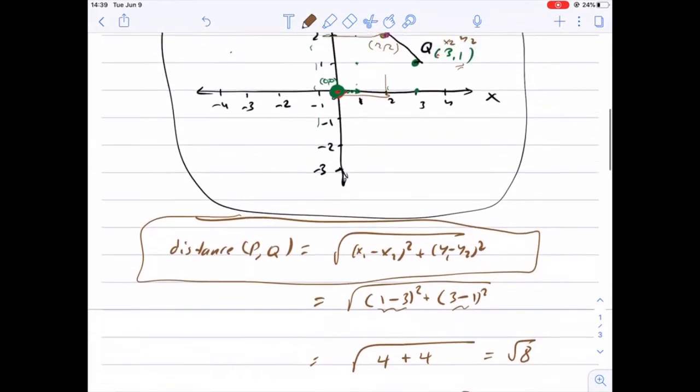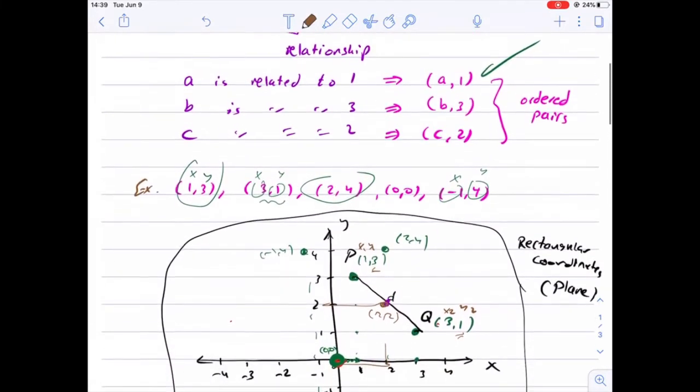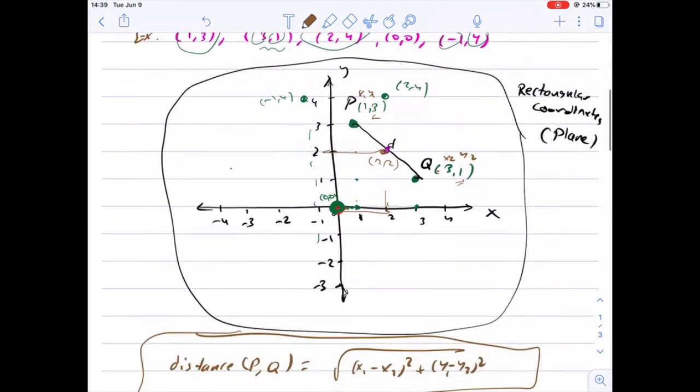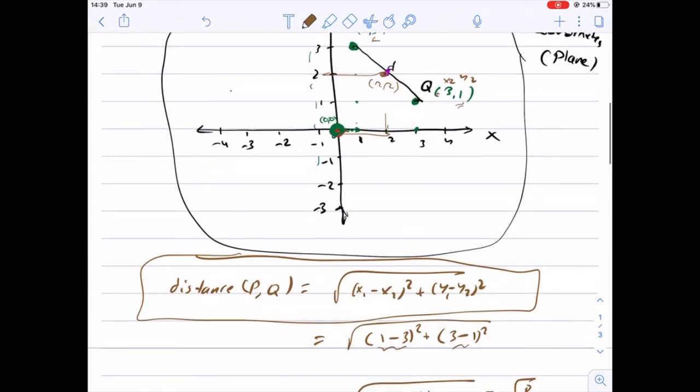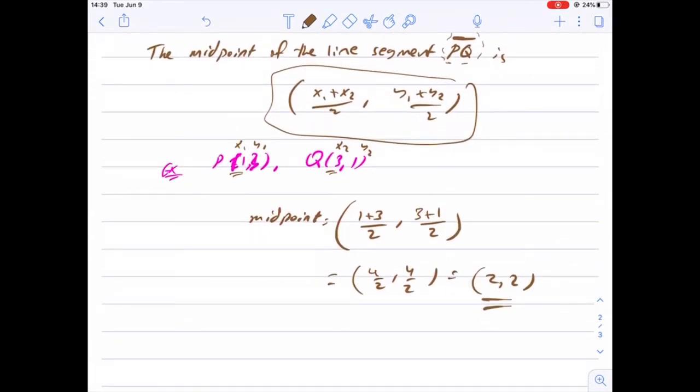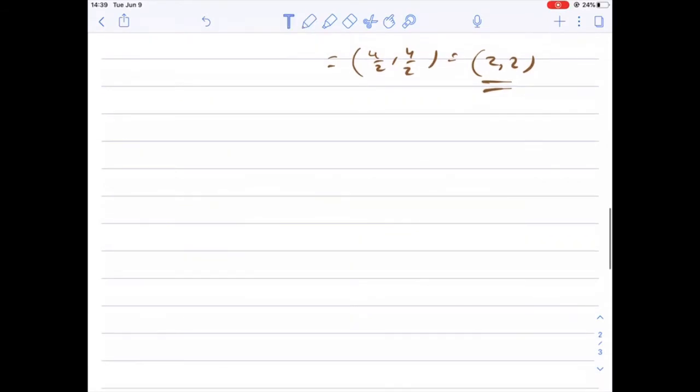Now we know how to represent points on the rectangular coordinates, how to find the distance between any 2 points, and how to find the midpoint of a line segment. Now one of the applications is the following.